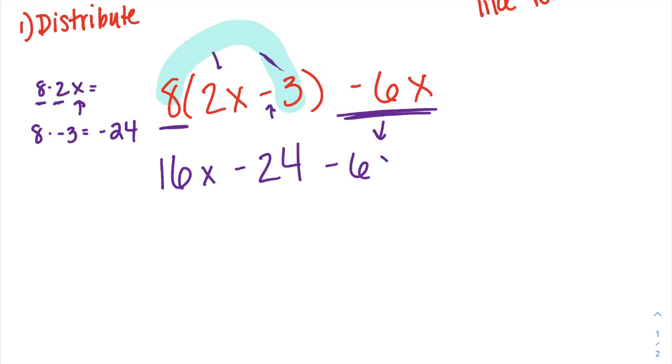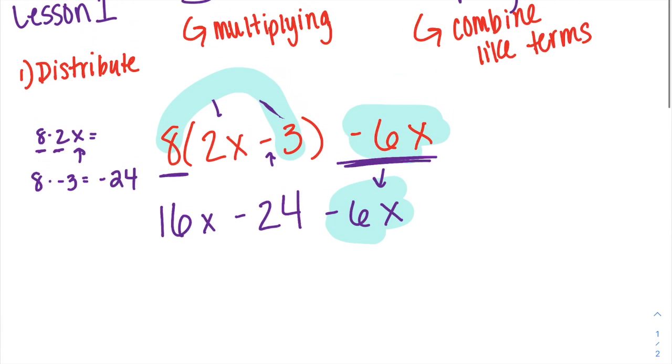minus 6x. The minus 6x was hanging out after the parentheses. It is going to join the 16x and the minus 24 now. They are all a part of the same statement. When we combine like terms, we are combining non-variable or constant terms.